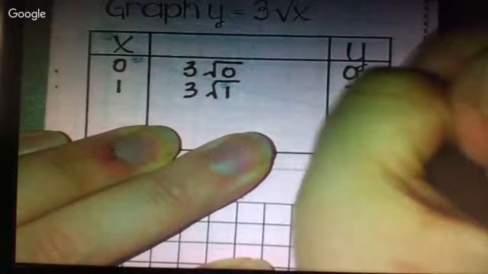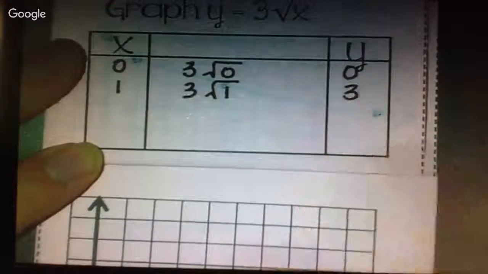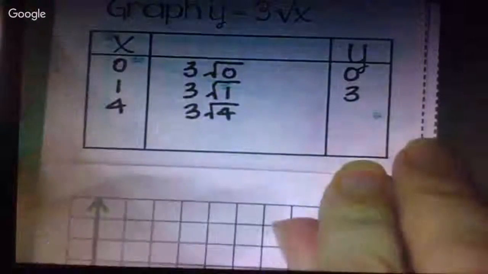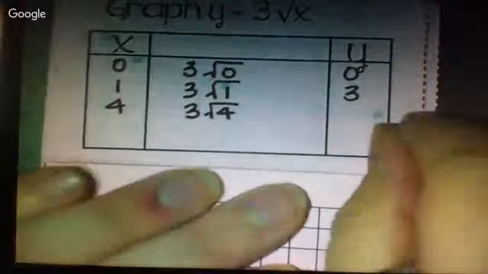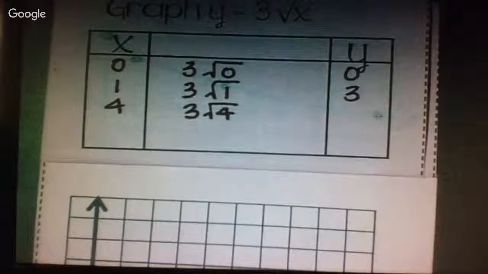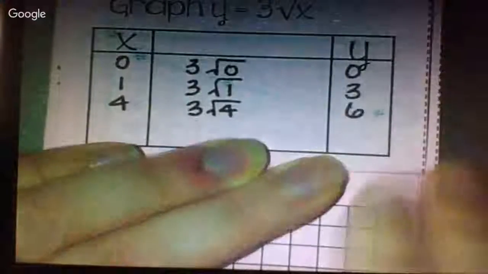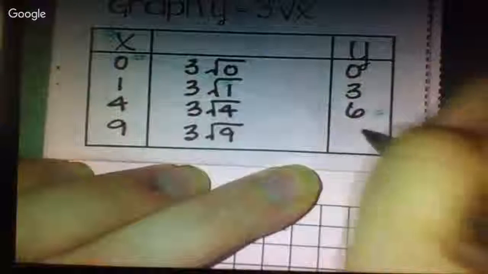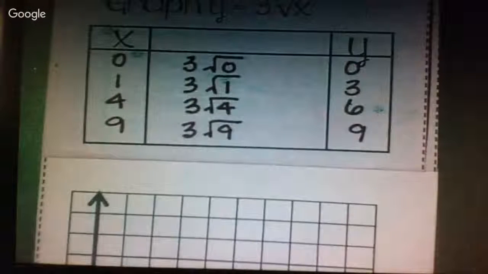So now we have 3 times the square root of 1, which is 3. We plugged in 4. So what's 3 times the square root of 4? What is the square root of 4? 2 times 3 is 6. Right. 9. What's 3 times the square root of 9? The square root of 9 is 3, and 3 times 3 is 9.